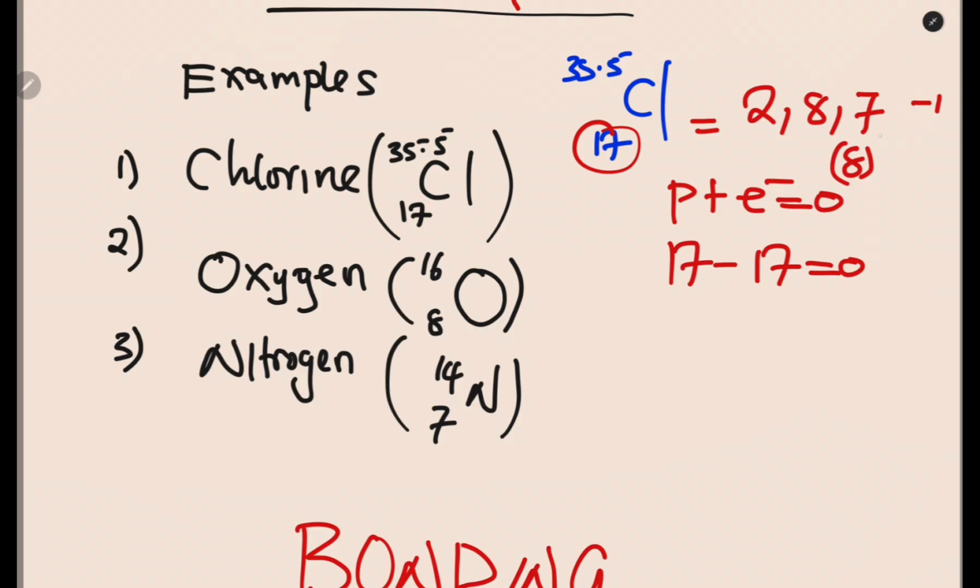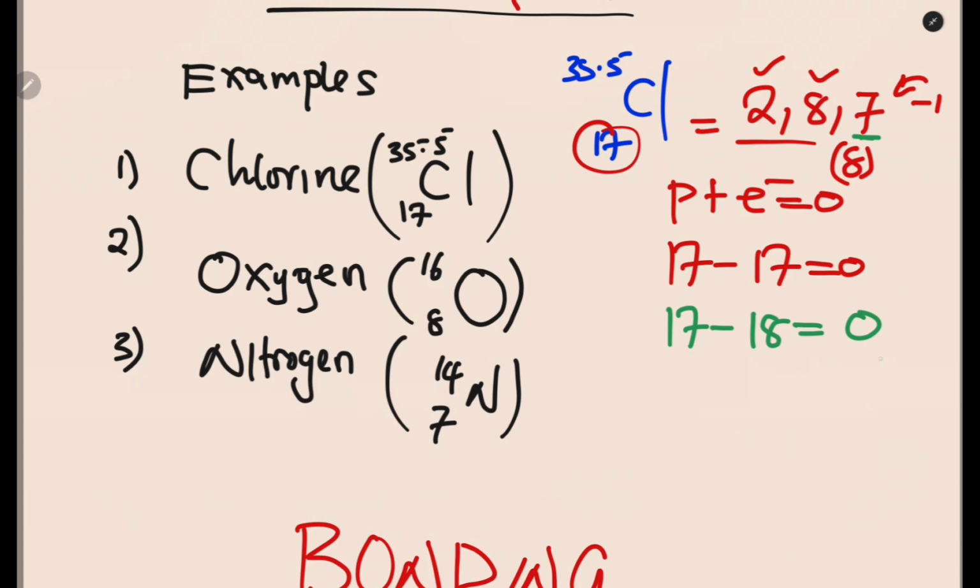So now, chlorine can choose to lose these 7 electrons to remain with a stable shell of 2 and 8, or gain 1 to make it stable. It is very easy for chlorine to gain 1 electron than to lose 7, and therefore it is going to gain 1 electron, which means the number of electrons this time is 18.